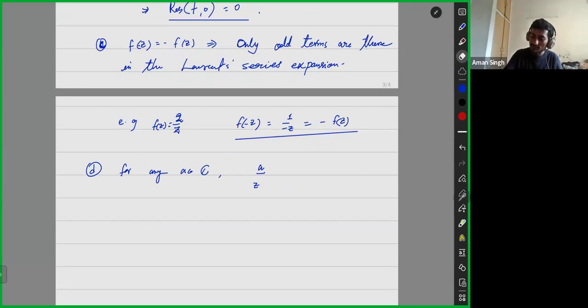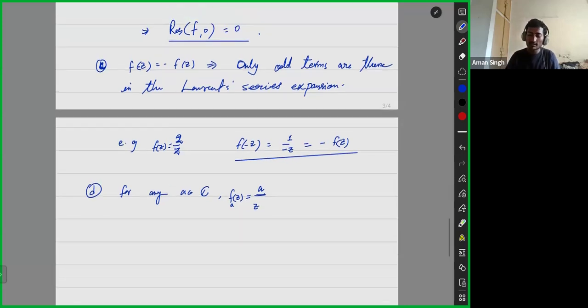What will be the residue of this function? Let's say this is my f of z. This is an odd function. It depends on a also. Its residue will be a. So any complex number will occur as the residue of this kind of function.